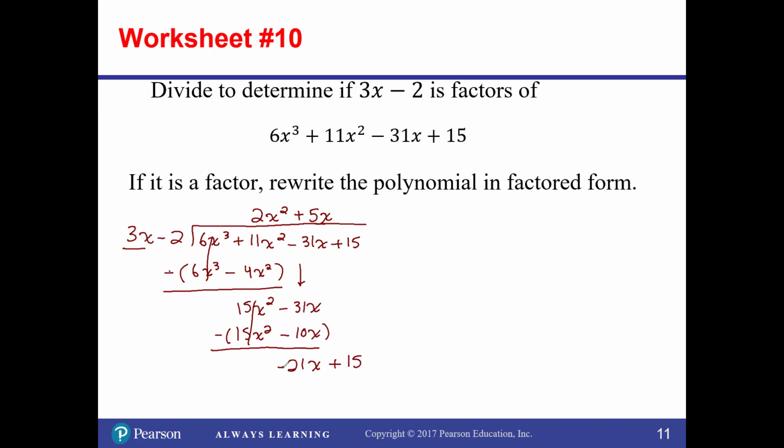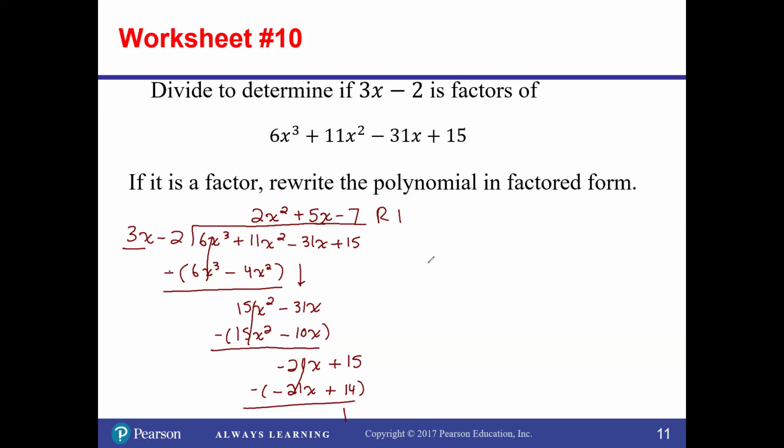So one more time. 3x goes into negative 21x and leaves me with a negative 7. Negative 7 times 3x is negative 21x. Negative 7 times negative 2 is a positive 14. We're subtracting. That's gone. And then I'm left with a remainder of 1.